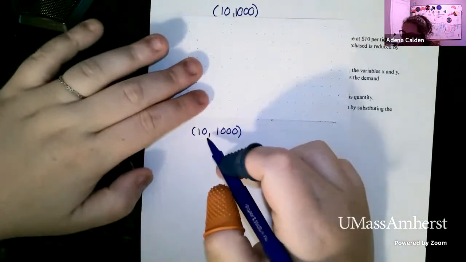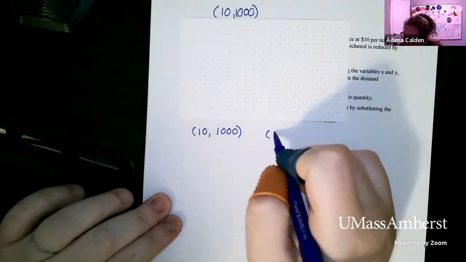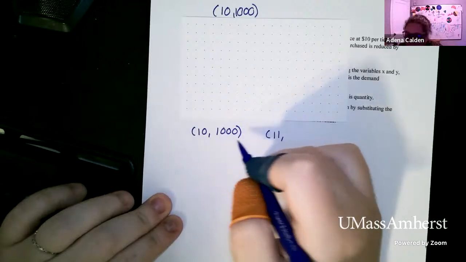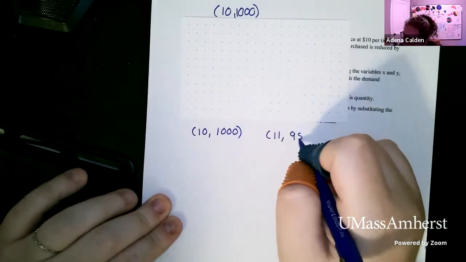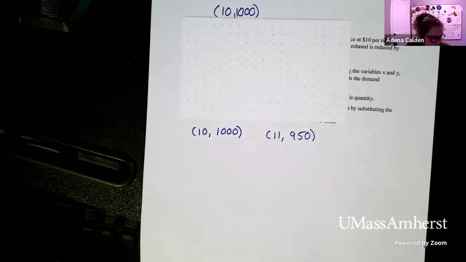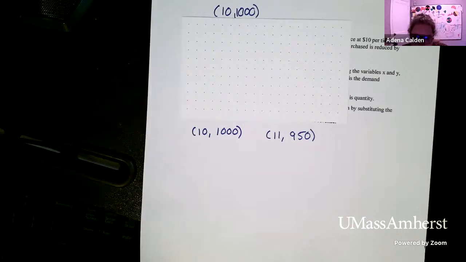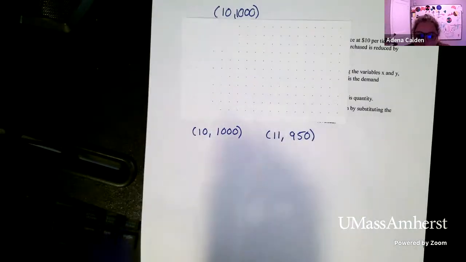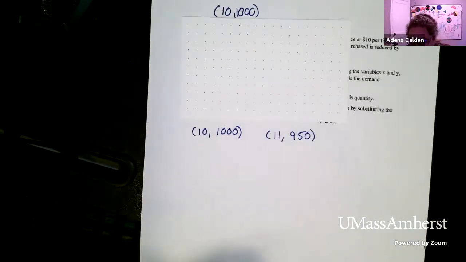So that means if I add 1 to the price, I subtract 50 from the number of seats. That's the most common second point, but you could certainly add $2 and subtract 100 seats if you like those numbers better. It'll all work out the same. But there are obviously many, many points on our linear equation.